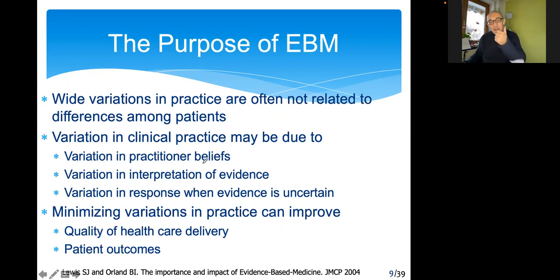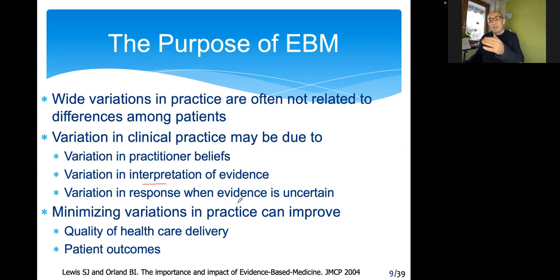The reason may be related to the beliefs or experiences of the practitioner, of the doctor, or how we interpret the evidence, or variation in response when evidence is uncertain, because mostly we don't have certain evidence to make a conclusion.